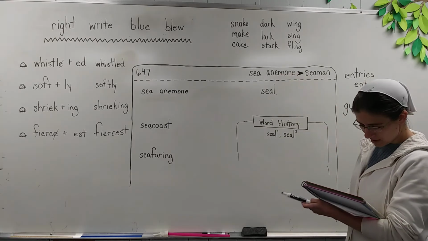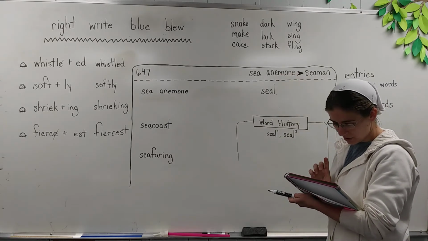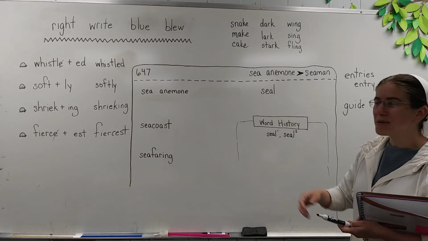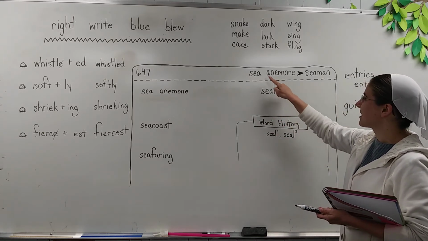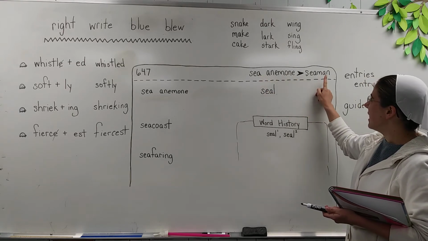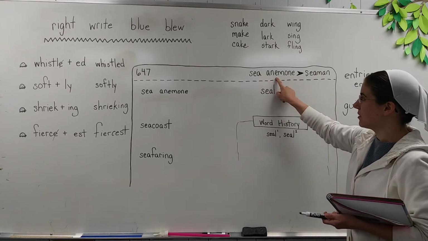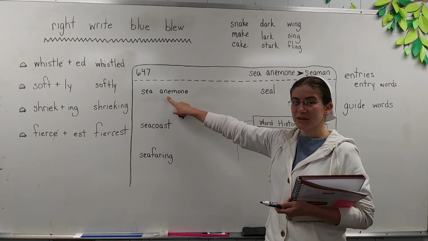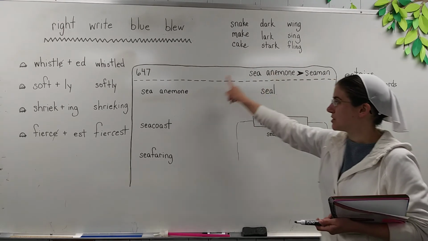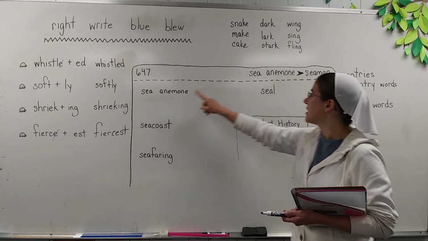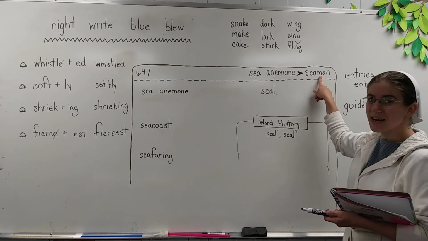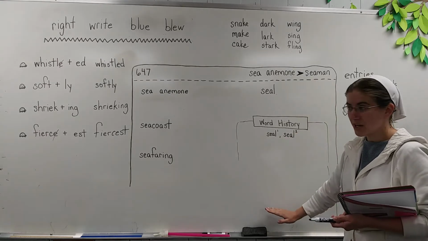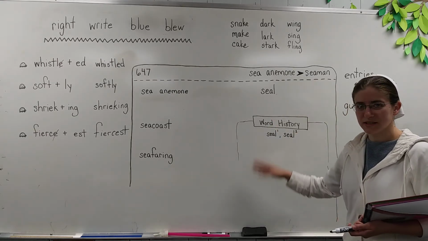Sorry, I keep forgetting how to say that word. Sea anemone. Sea anemone is our first guide word, and if you look over here, sea anemone is our first entry word. So the first guide word shows the first entry word on the page. And then we have seaman as our last guide word, or our last entry, and we can't even see it because this isn't the full page.